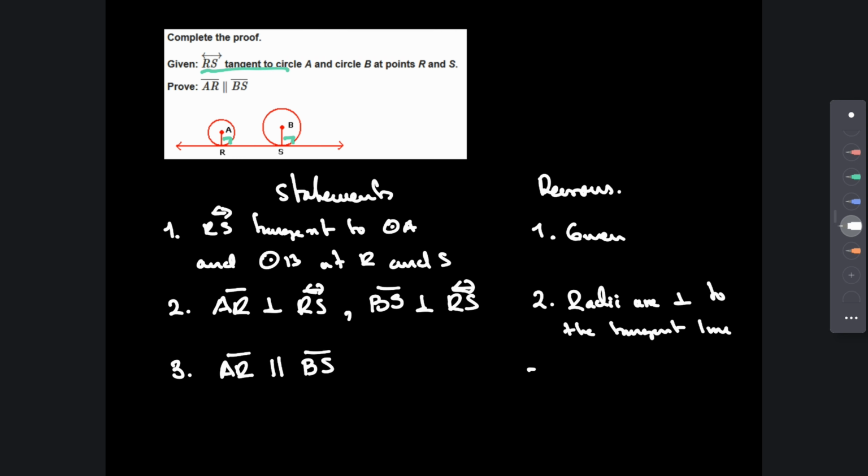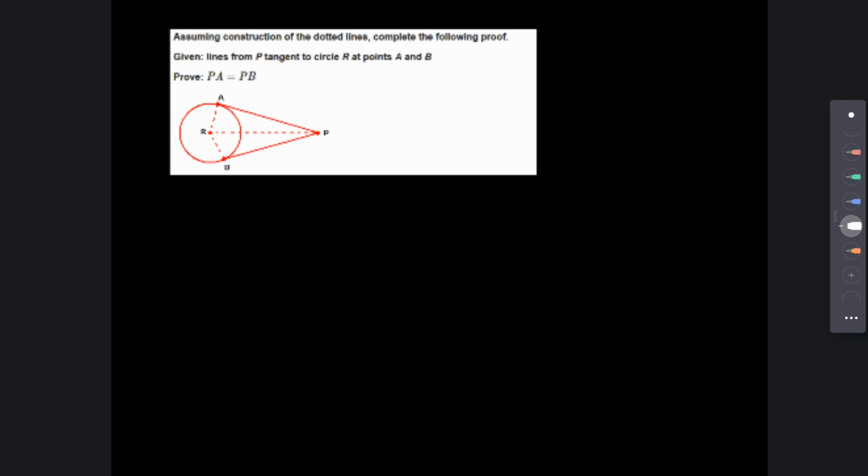This is because two lines perpendicular to the same line are parallel to each other, right? So this is the idea for this proof. It's basically the same as the previous one.